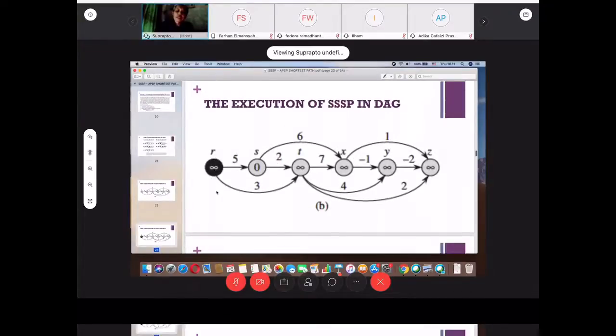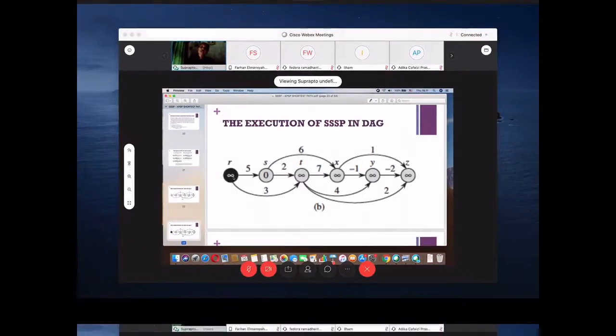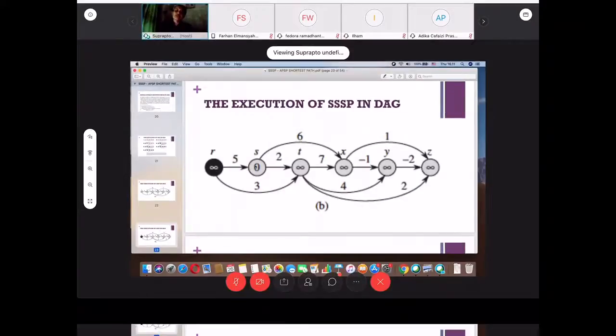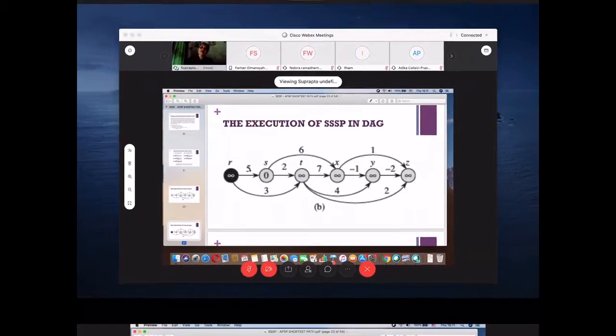That is why the color of R is black. And because there is no path from the source to R, the weight of the shortest path from S to R is set to infinite. This indicates that there is no path from S to R.